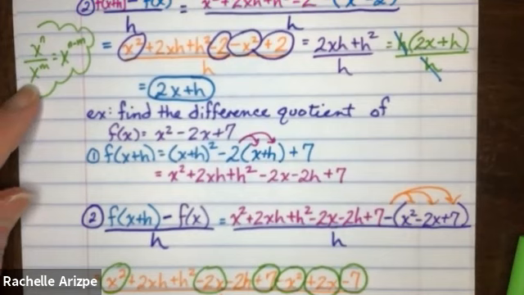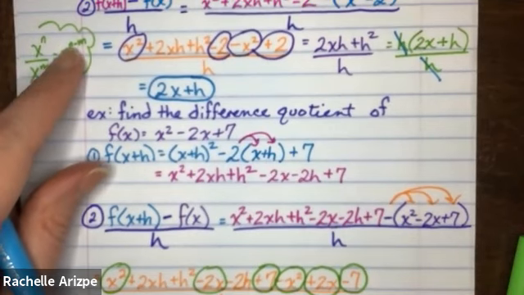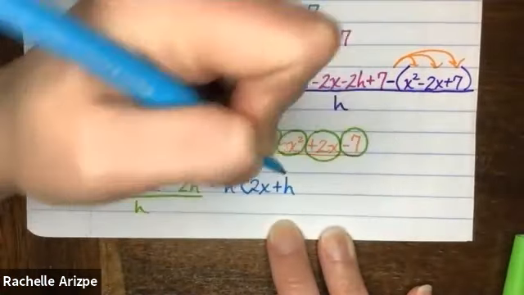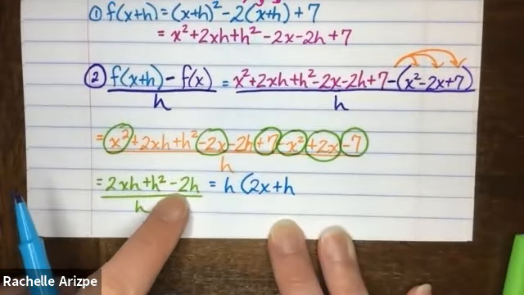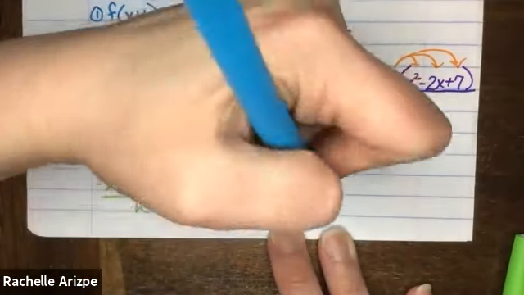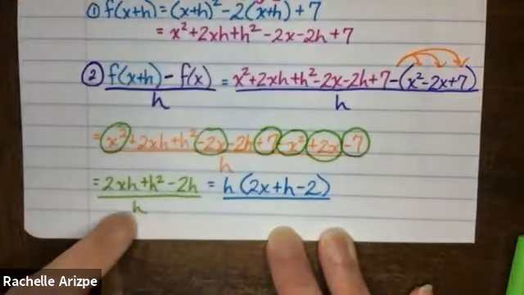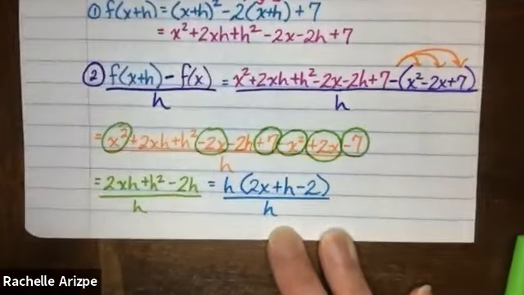H squared divided by h to the first would be h to the 2 minus 1, or just h. And negative 2h divided by h, those h's cancel. I'm left with minus 2. This h goes here.